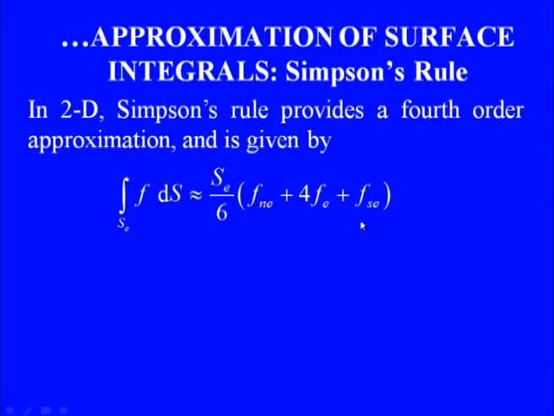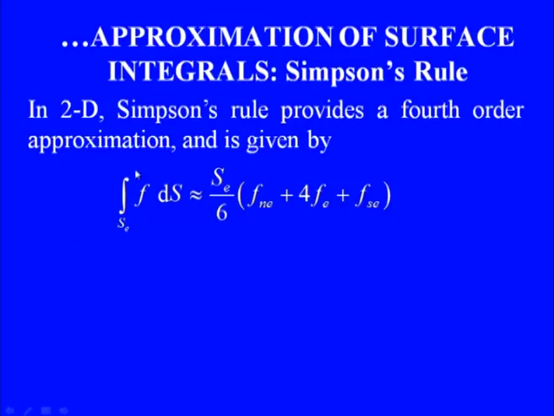If we want a higher order scheme in 2 dimensions, we can use what we call Simpson's rule. It provides a fourth order approximation, and here values at 3 points are involved: the function values at the northeastern corner, the center of the face e, and the southeastern corner.